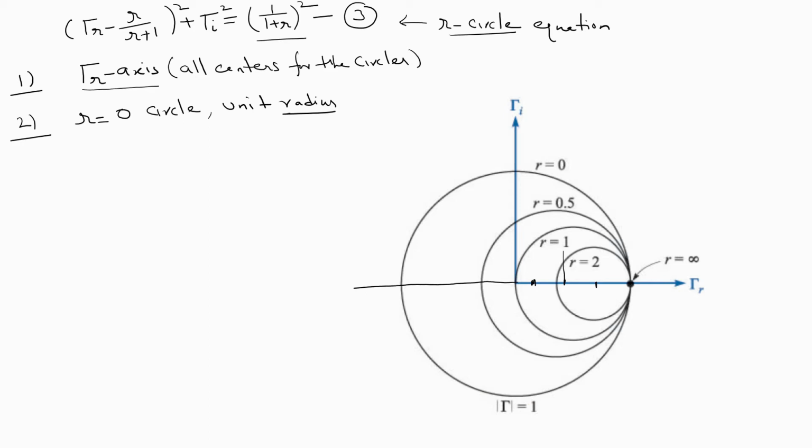The r equal to 0 circle is the largest circle. All the circles will lie inside of this r equal to 0 circle. You can also say that.